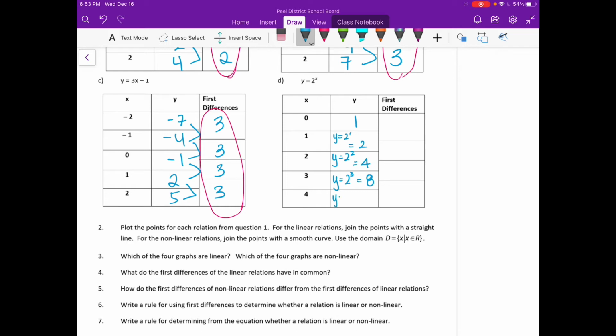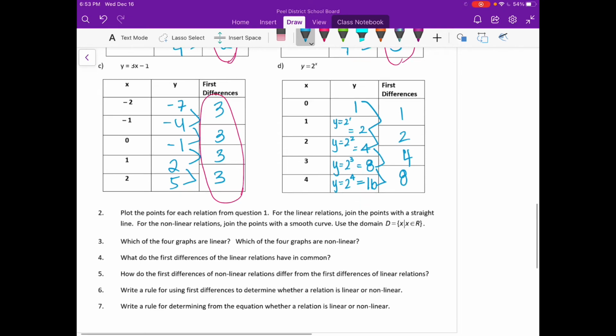And then lastly, y equals 2 to the power of 4. Oh my goodness, I'm struggling so much with my words today. 16, right? So let's just do the first differences. 2 minus 1, 1. 4 minus 2, 2. 8 minus 4, 4. 16 minus 8, 8. Notice how these are not constant.